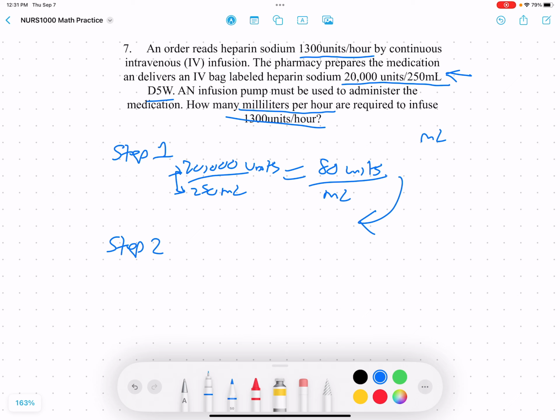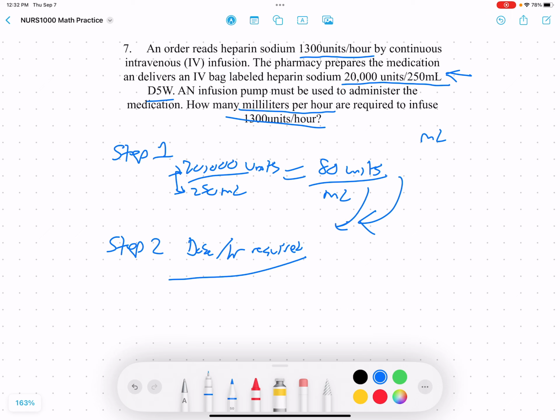So we have our dose desired, which is 1,300 units per hour. And then we're going to go ahead and figure out our infusion rate by doing a simple step, which is the dose per hour required over the infusion rate, which is 80.